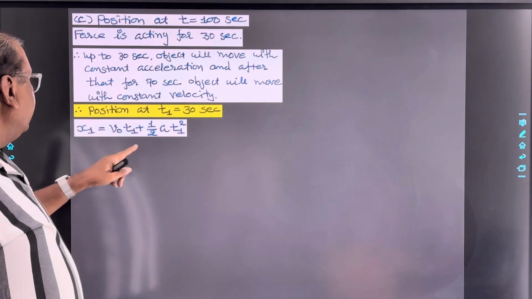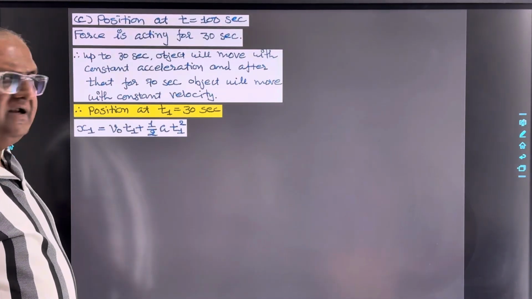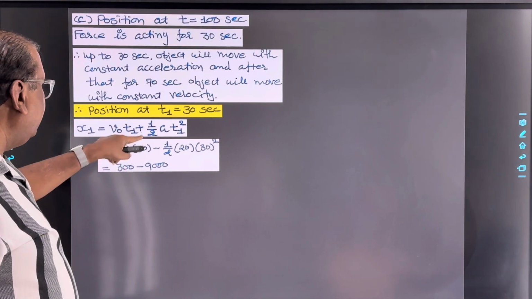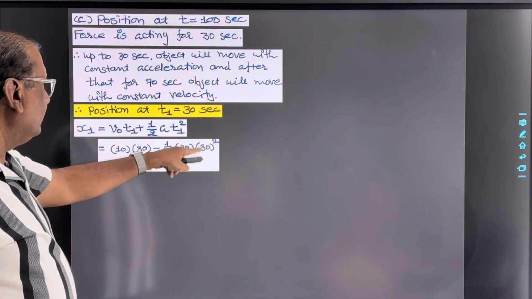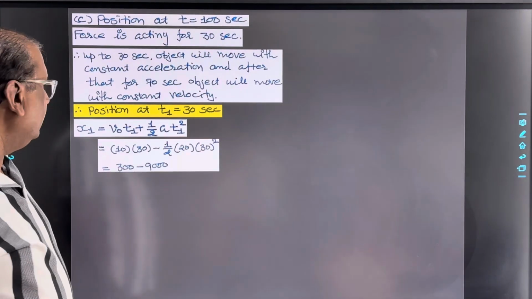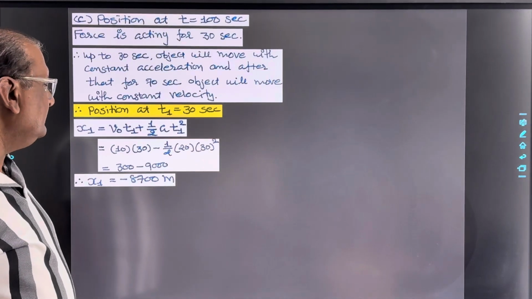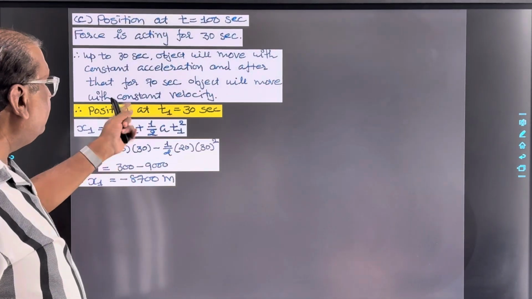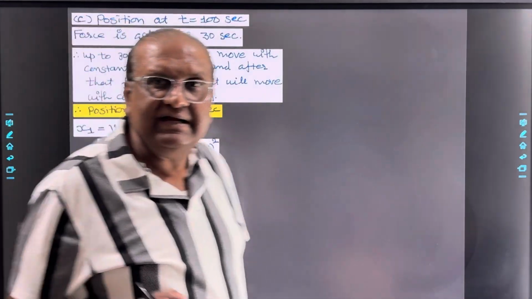So, accelerated motion, so x1 equal to v0 t1 plus half a t1 square. So, v0 10, t1 30, half a is minus 20, t1 30 square. So, that is 300 minus 9000, that is x1 equal to minus 8700 meter.